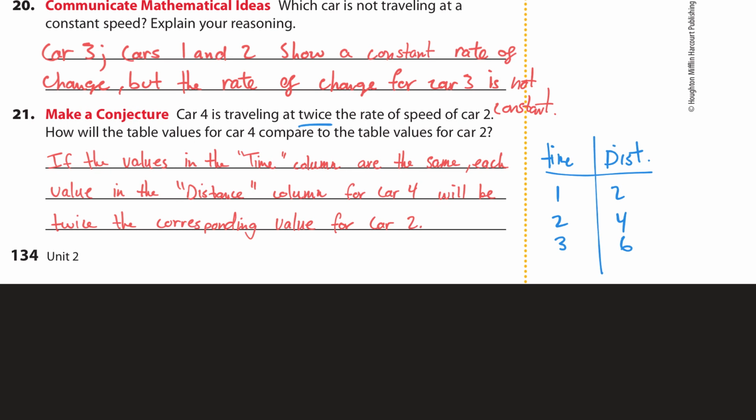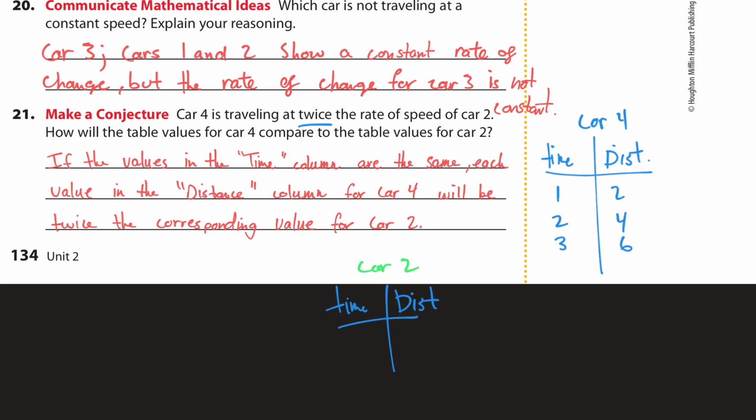So compared to the original, time and distance, this would be car 4, and this would be car 2.